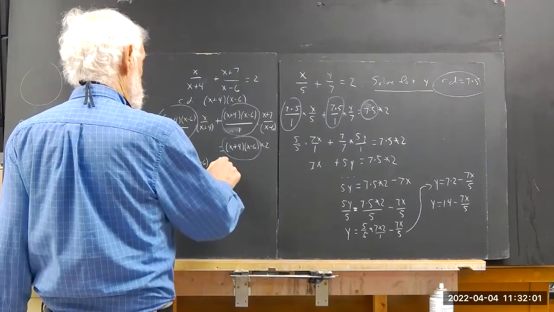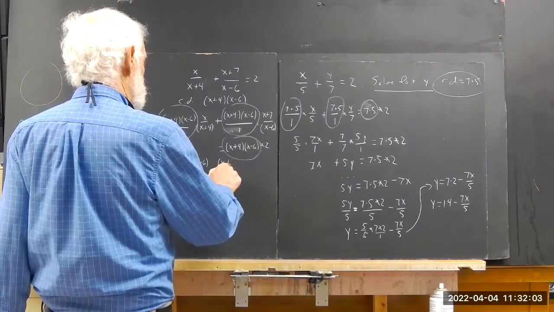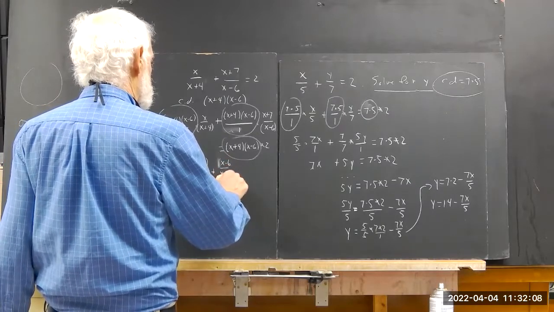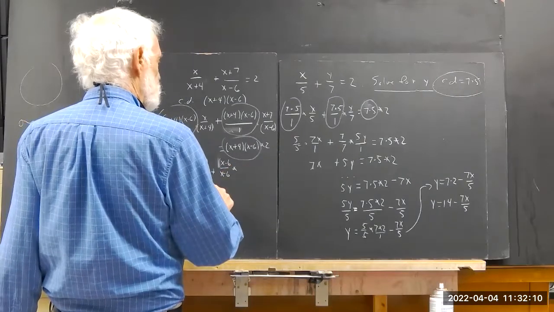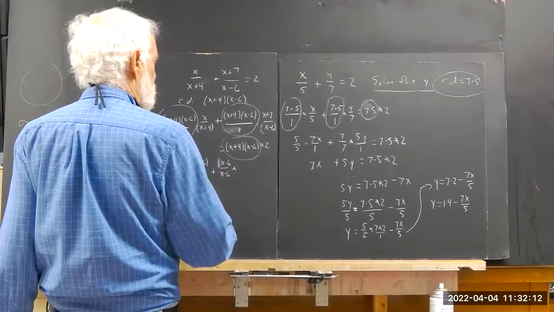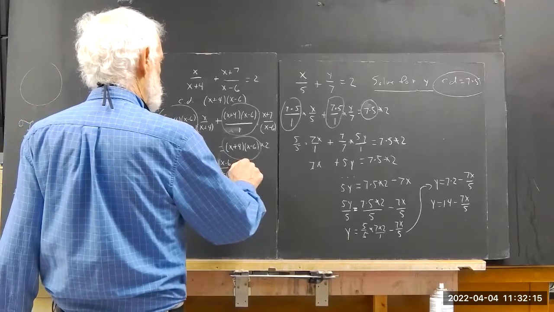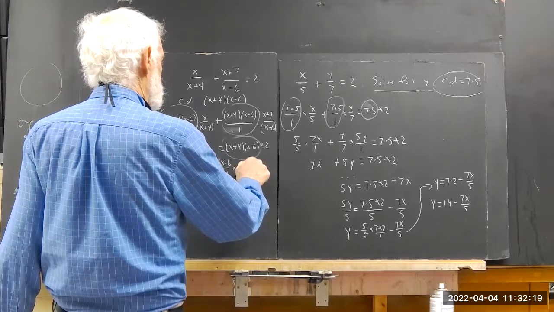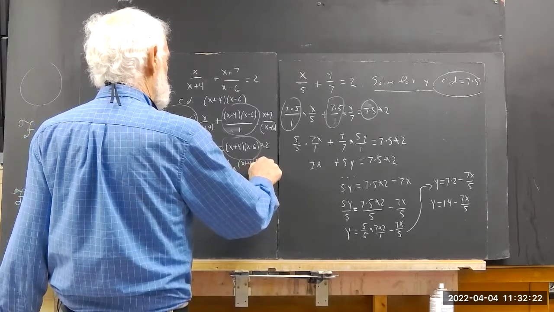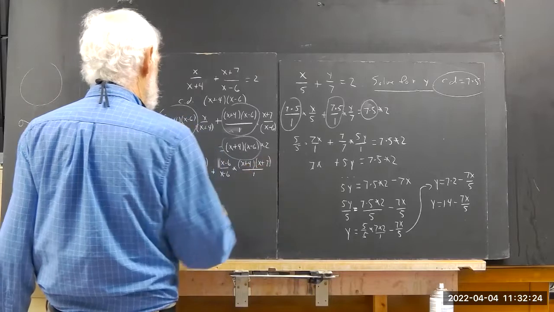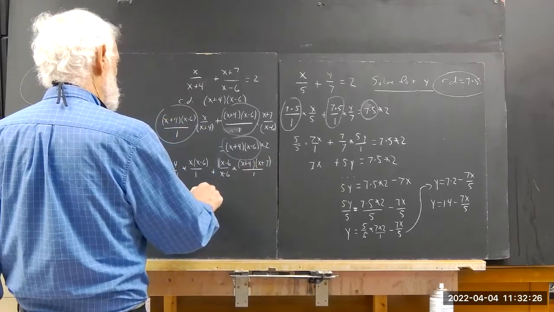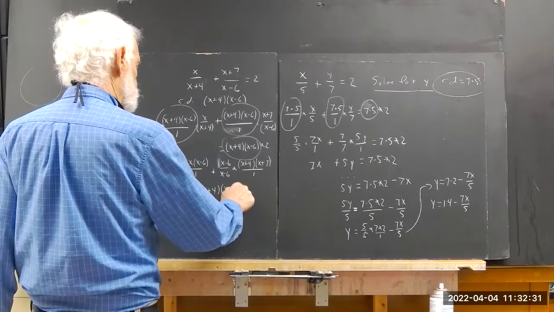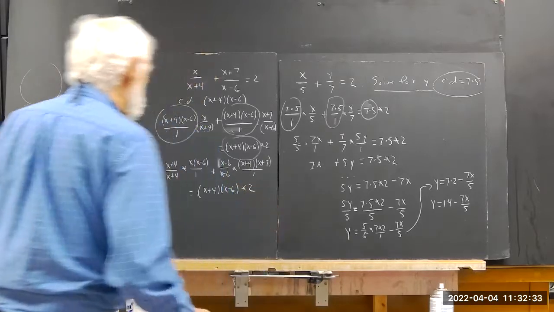And over here, I'm going to have x minus 6 over x minus 6 times x plus 4 times x plus 7 over 1. And that's going to equal my right-hand side, which is x plus 4 times x minus 6 times 2.